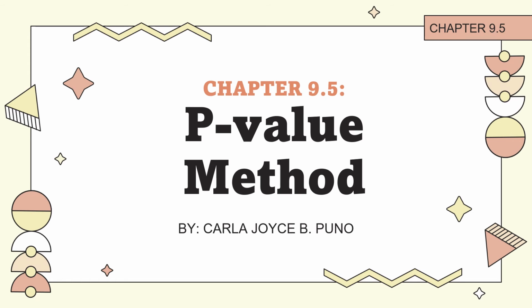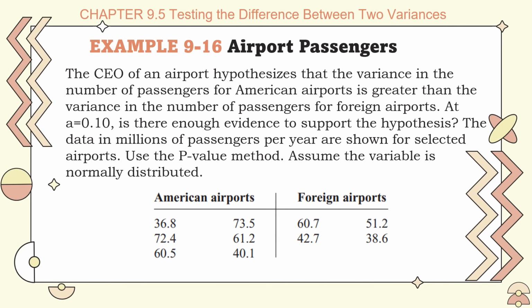Example problem for Chapter 9.5. So next example, we have Example 9-16, airport passengers. The CEO of an airport hypothesized that the variance in the number of passengers for American airports is greater than the variance in the number of passengers for foreign airports.